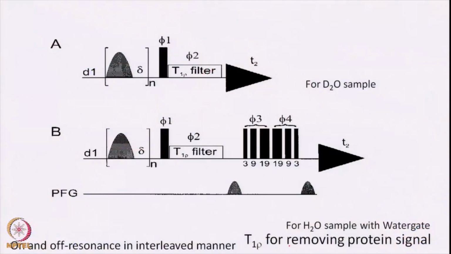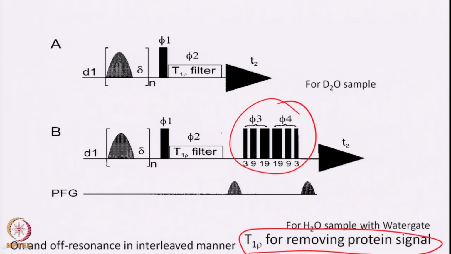Essentially, this is the pulse sequence you do, basically in D2O, so that you remove the water background. You can do it even in H2O, but then you need to add water suppression, so this is WATERGATE, and then you need a T1rho filter just to remove the protein signal. So, the experiment is very simple.